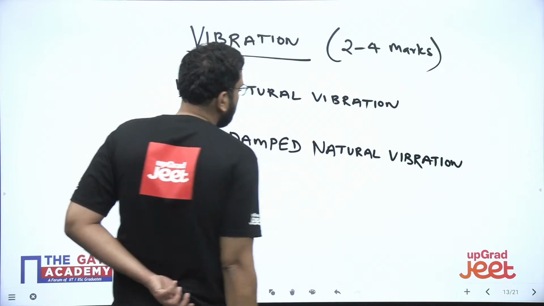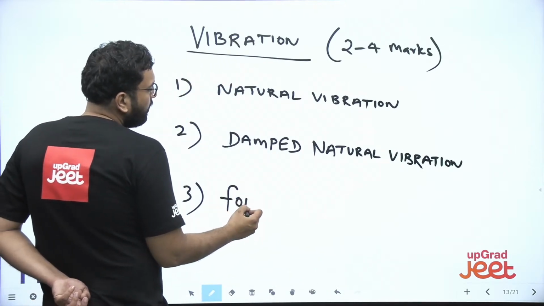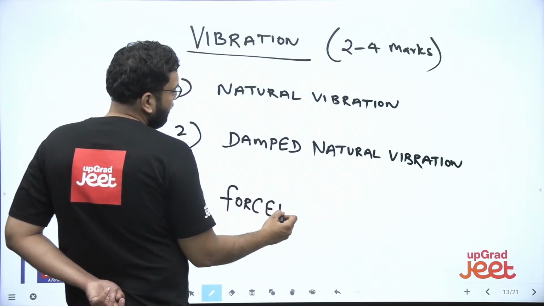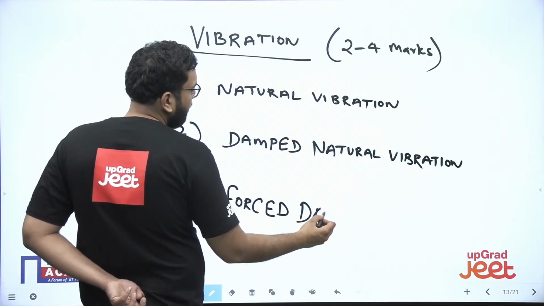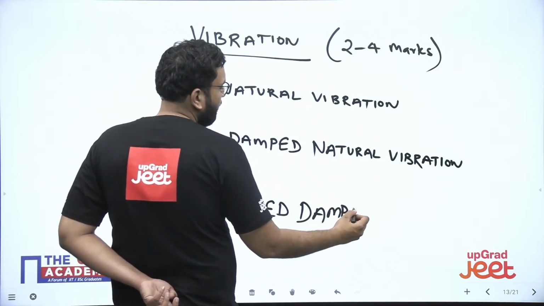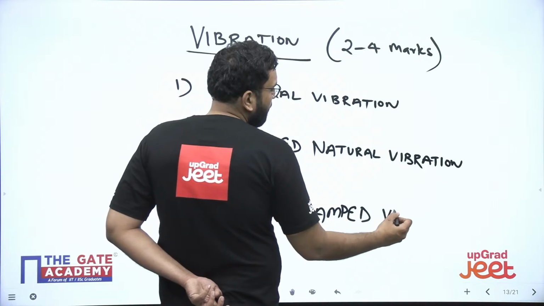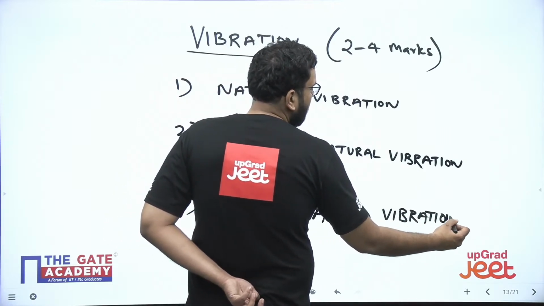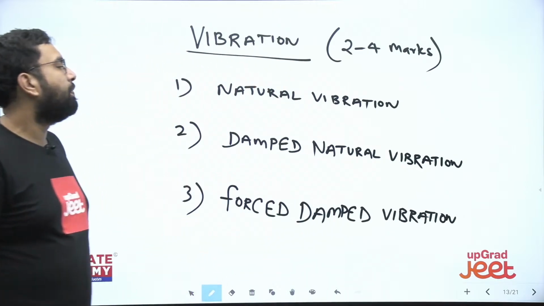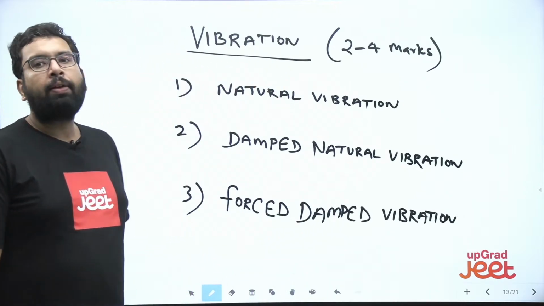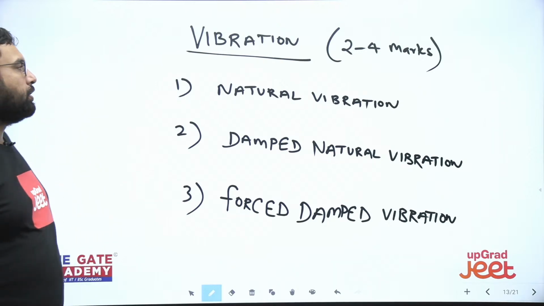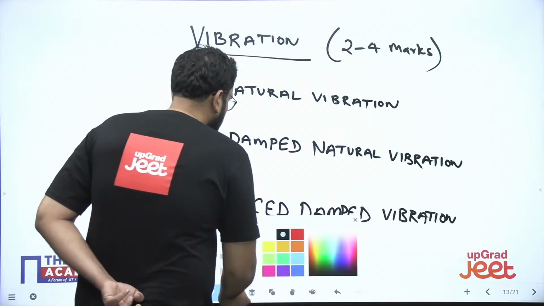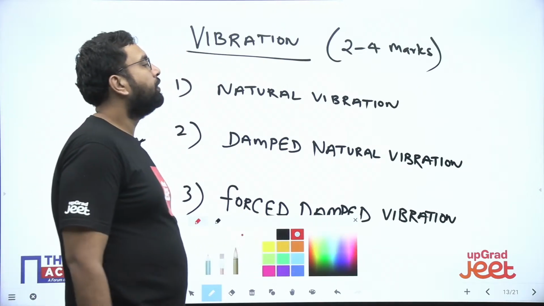And the last one is the forced damped vibration system. So we have the natural vibration, damped natural vibration, and forced damped vibration system. These are the three kinds of systems.